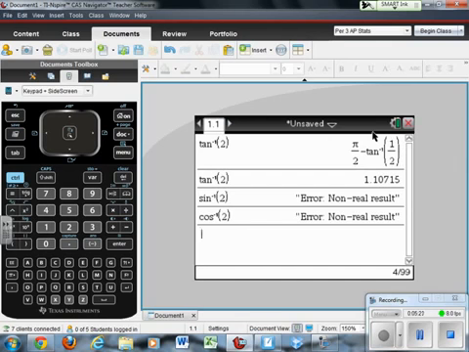Now when you do inverse sine of 2 and inverse cosine of 2, you get an error message, non-real result. So why is it that you get a number for inverse tangent and an error message for inverse sine and inverse cosine? Well, the reason is that inverse tangent has a domain of all real numbers.